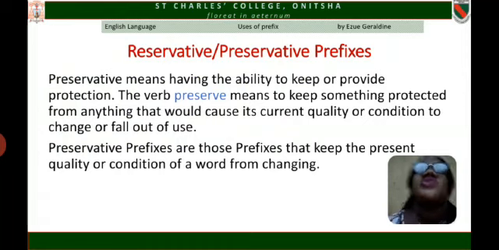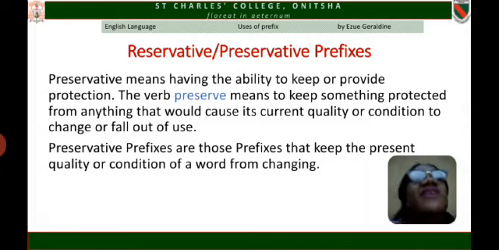Another major use of prefixes: we have preservative prefixes. What are preservative prefixes? Preservative means having the ability to keep or provide protection. It is from the verb preserve, which means to keep something protected from anything that could cause its current quality or condition to change or fall out of use.